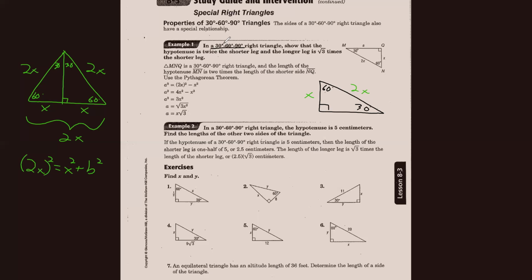Plug it into the Pythagorean theorem. Square this. Again, you're squaring both of those values, so this becomes 4x squared. Bringing the x squared over from the one side by subtracting it, we're now left with 3x squared. We've got to get rid of the square, so we're going to square root. And that other missing side is now x squared.